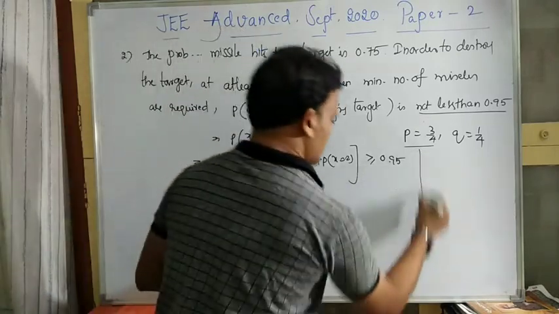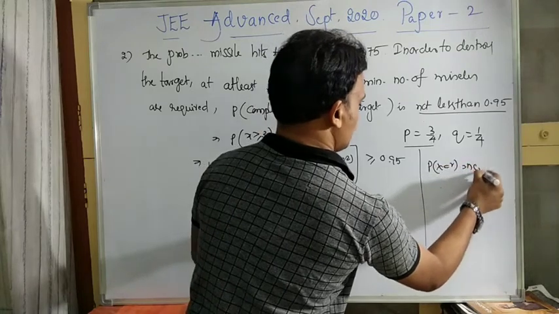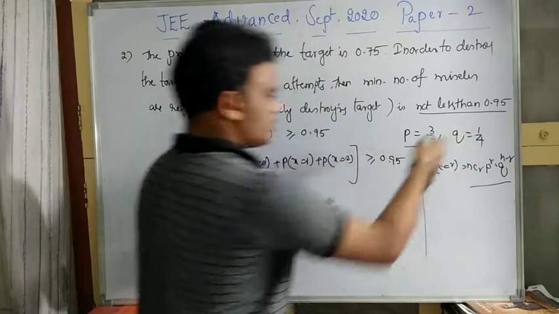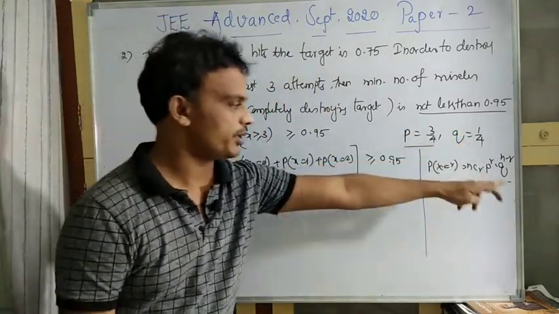We have the basic formula: p of x equals r is nCr p power r q power n minus r. In this particular problem, the p value is 3 by 4 for successful attempts, and the q value is 1 by 4.